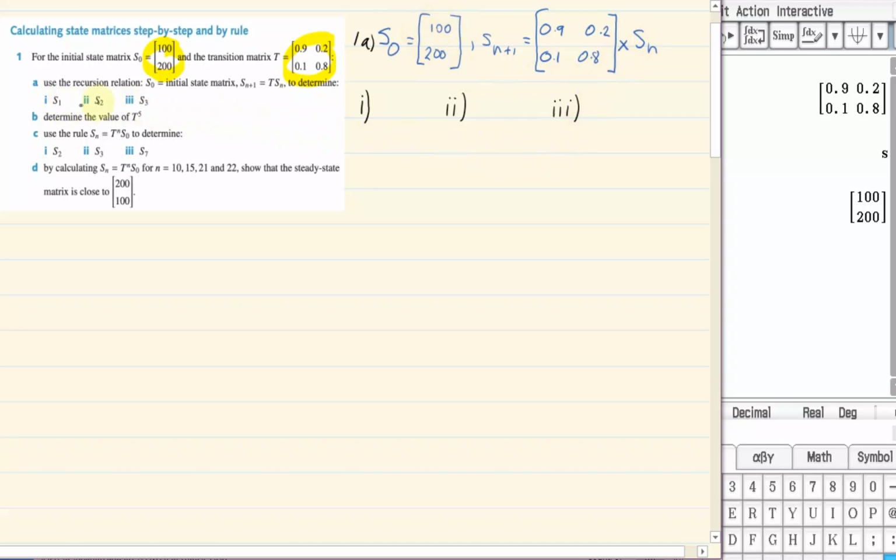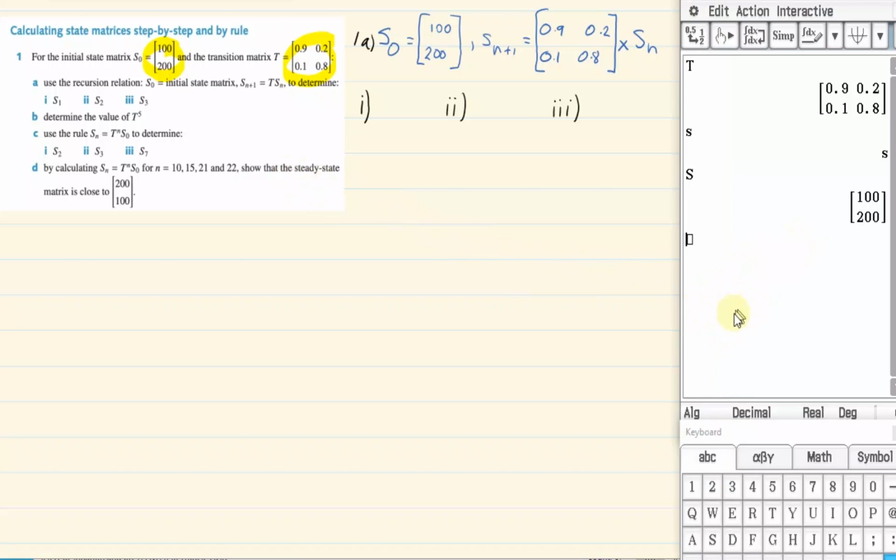We're asked to find S1, S2, and S3. Over here on the CAS, I've set up the matrices, T and S respectively.